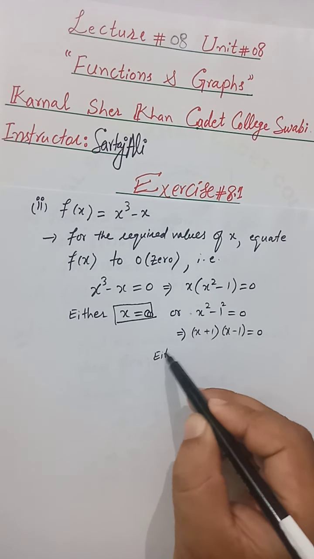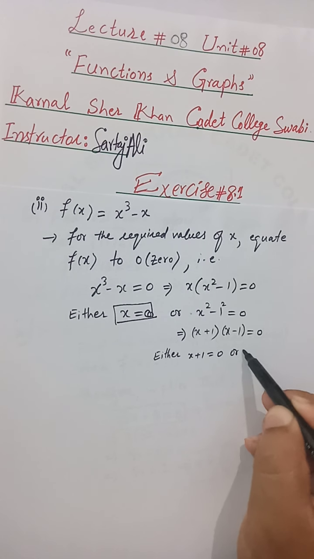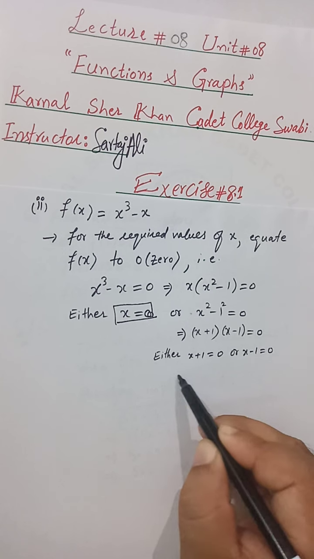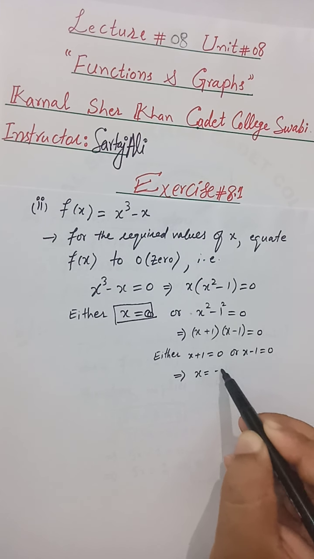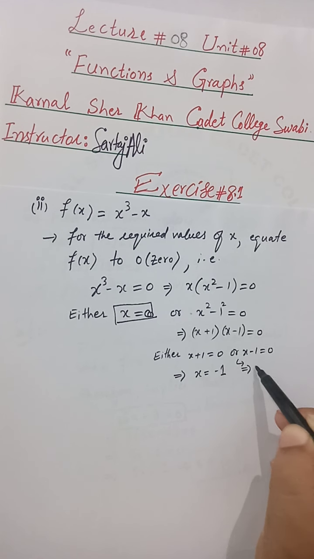So either x plus 1 equal to 0 or x minus 1 equal to 0. This implies that x is equal to minus 1, and this implies that x is equal to plus 1.